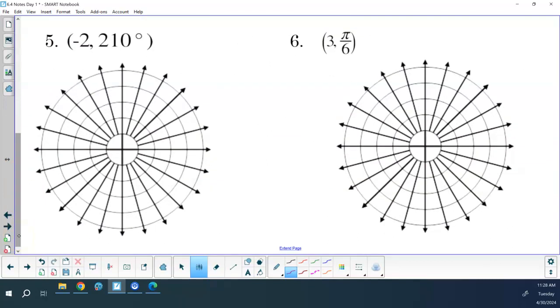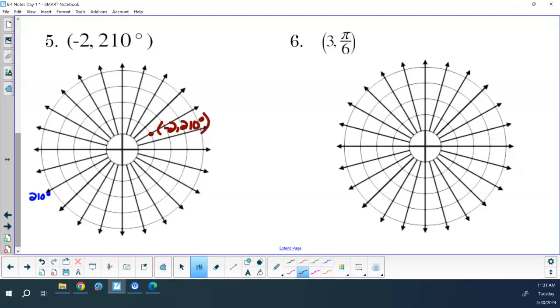Plot them. Give me the other 3, 4 of them. So this is 210 degrees down here. I need to go negative 2. So that would be right there. The 30 degree gap right there is negative 2, 210 degrees.